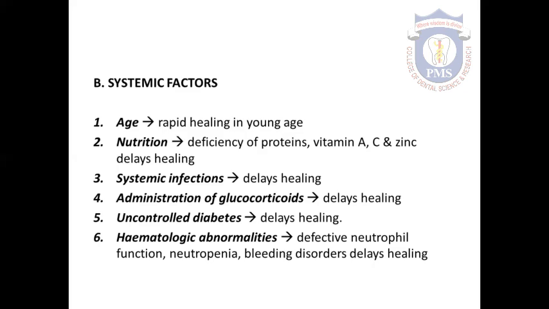Administration of glucocorticoids can have an anti-inflammatory effect which can delay wound healing. Uncontrolled diabetes delays wound healing since it can promote infection. Also, hematological abnormalities like defective neutrophil function, neutropenia, and bleeding disorders can also delay wound healing.